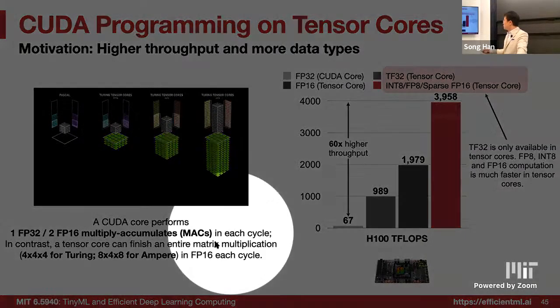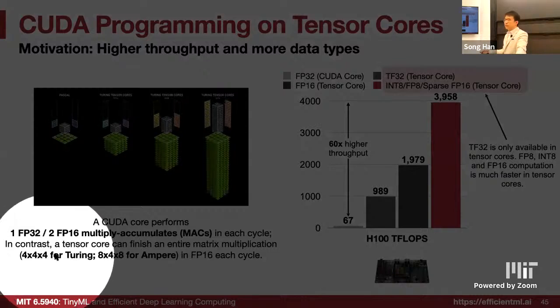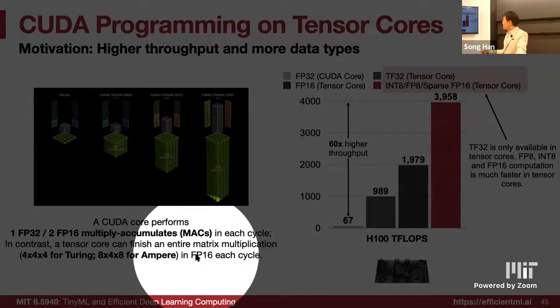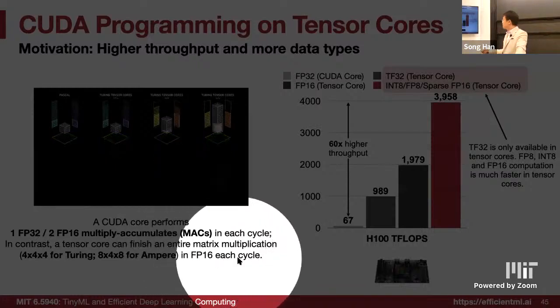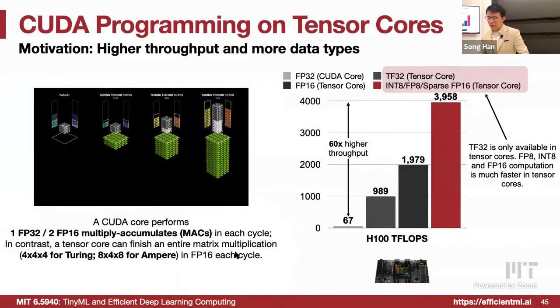Well, a tensor core can finish an entire matrix multiplication, which is 4x4x4 for Turing architecture, 4x8x4 in Ampere architecture, in FP16 in each cycle. So in one cycle, you can finish the entire matrix multiplication. So the throughput becomes much larger.